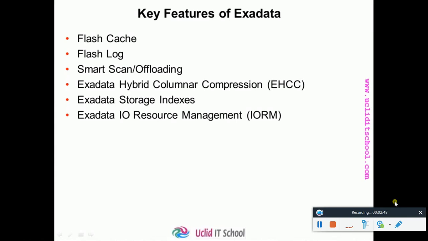These are storage server features, not database features. In-memory is an Oracle database feature, which is available from the 12.1.0.2 patch set. These are Exadata storage server features.